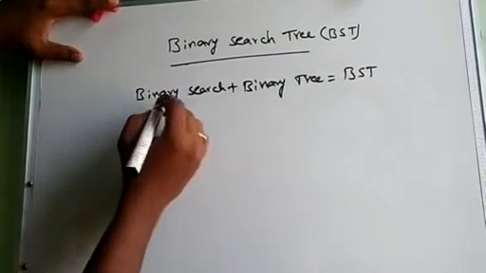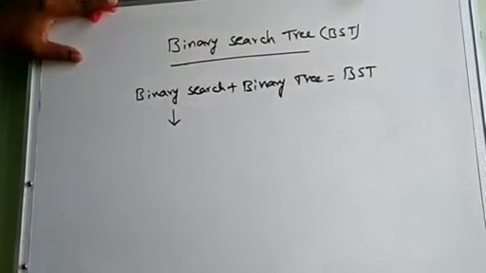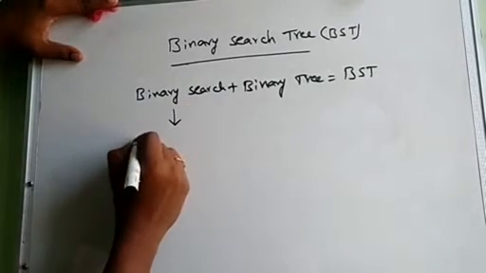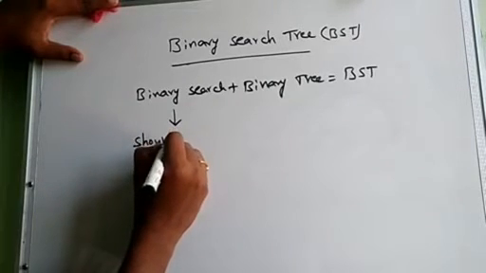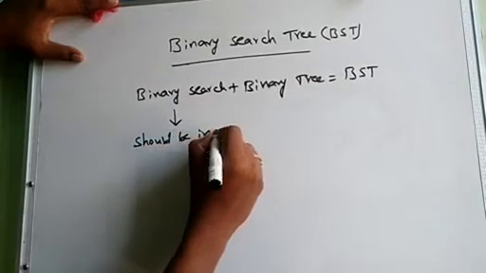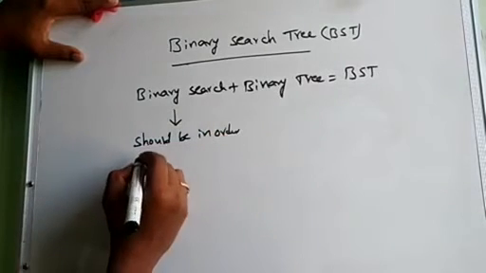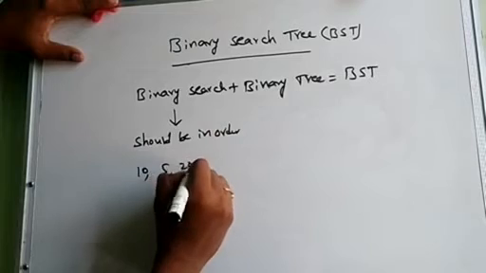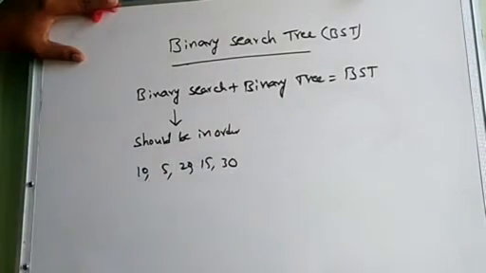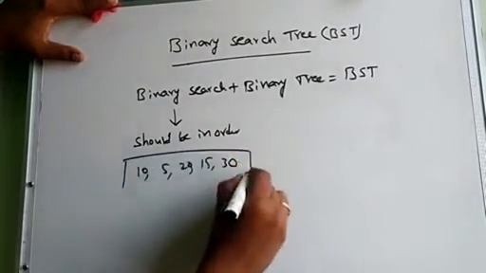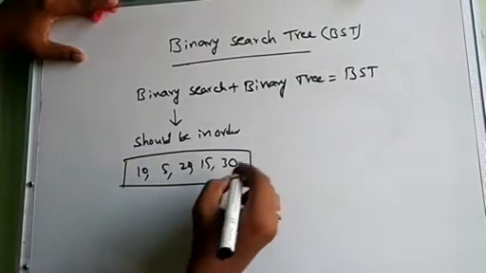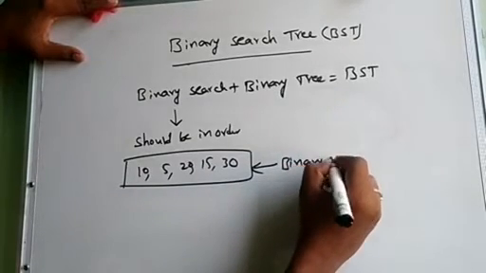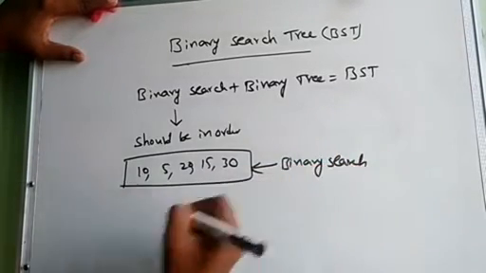So what is binary search? The elements should be in order. Suppose the elements are like this: 10, 5, 20, 15, 30. Apply binary search on those elements.